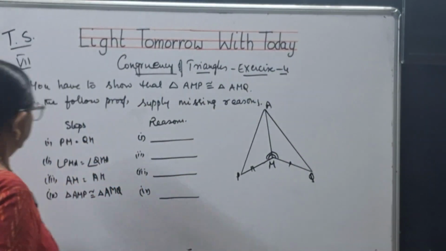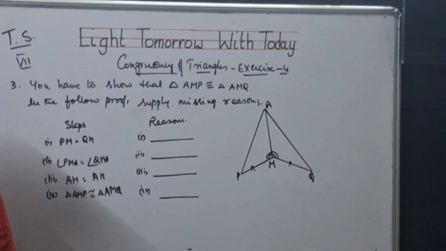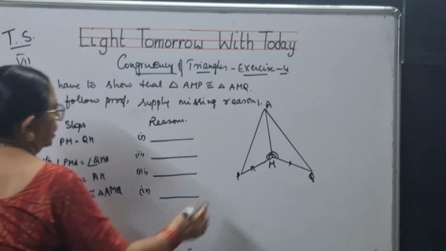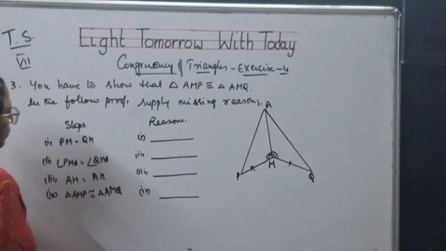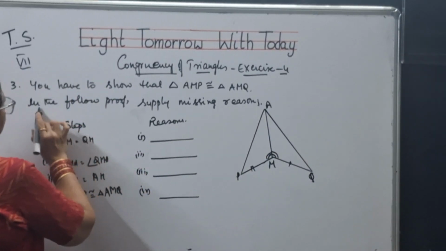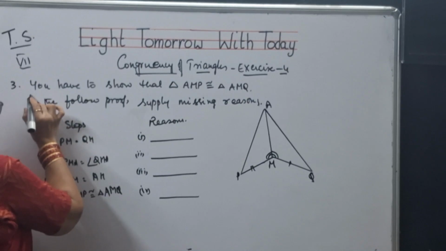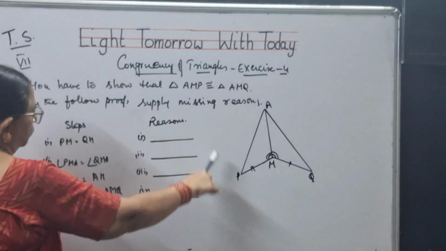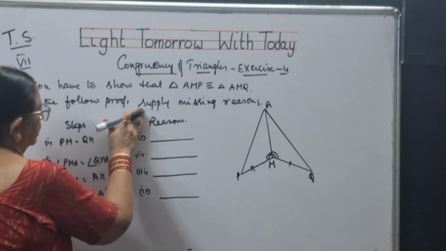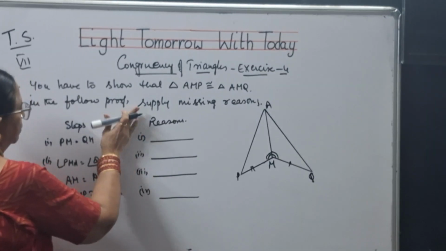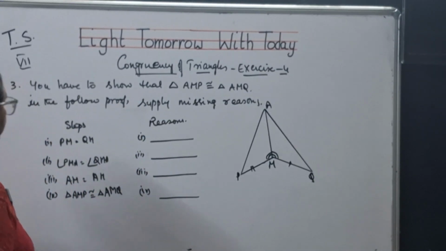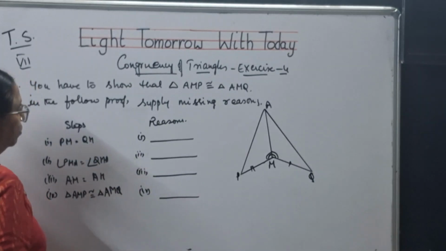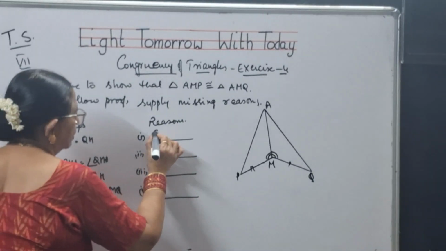Third problem, children. You have to show that triangle AMP is congruent to triangle AMQ. In the following proof, this is the proof given to us. It is like a table, children, for you. I am just writing. I have written the values given. Supply the missing reason. PM is equal to QM. What is this, children?